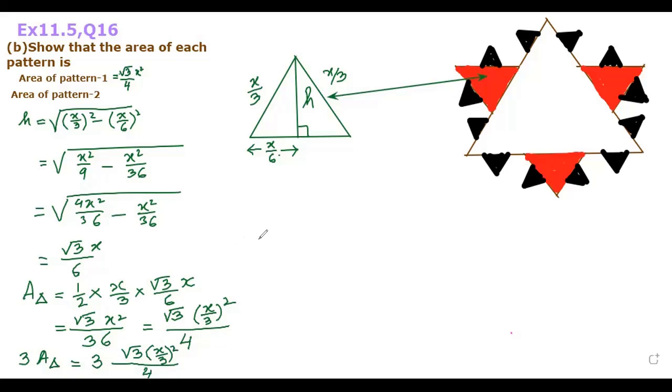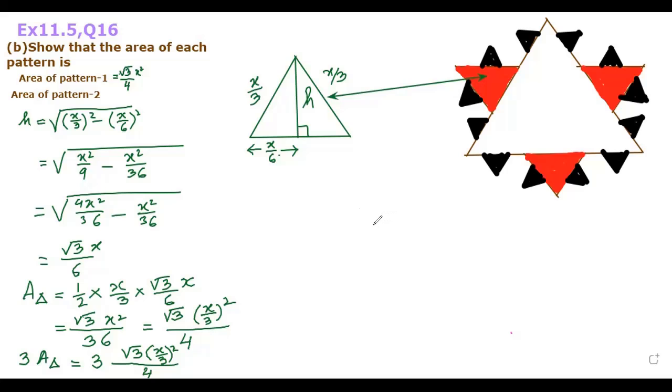So now what will be the area of pattern 2? The area of pattern 2 will be the area of the white equilateral triangle and then the area of 3 red equilateral triangles.